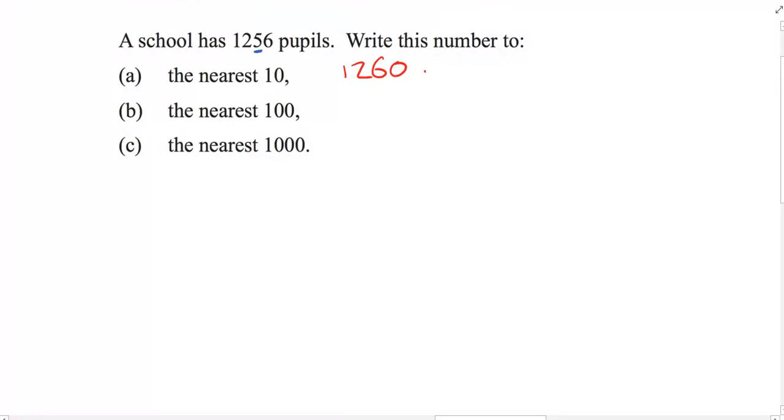That's telling me that we're going to be closer to 1,300 than 1,200. So we're going to round up, so this is going to be 1,300. Finally, to the nearest 1,000, the critical value in this case is that 2 there. That 2 is low, and it means we're going to round it down. So our answer there is it's closest to 1,000 compared to 2,000.